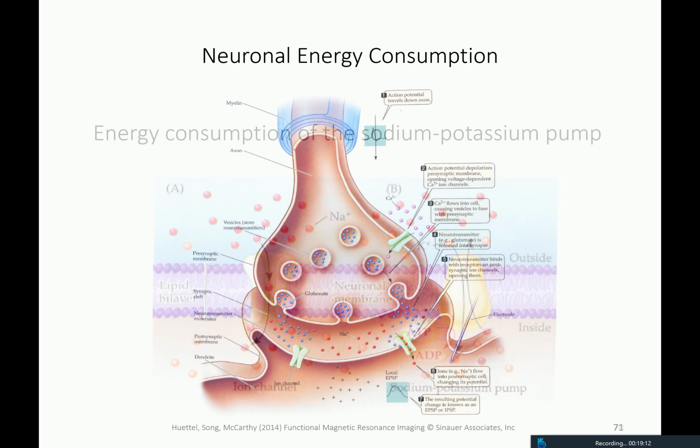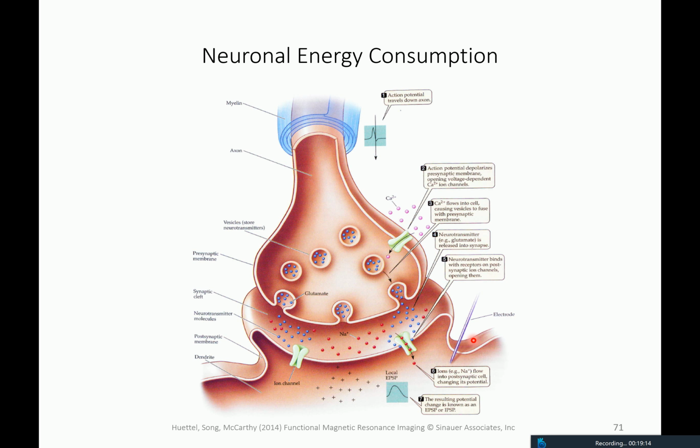energy-consuming process. I think maybe even the bigger energy-consuming process, although I don't know whether I have numbers later on, is actually the whole synapse business, which takes energy via various processes.